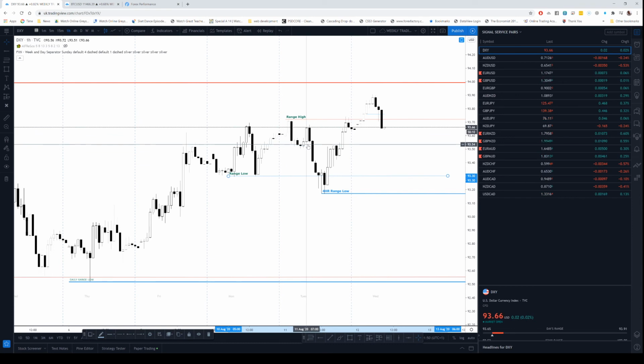So if they want to do that, that's when I send out the short on Aussie and the New Zealand. So if you go back and check, let me check quickly. At exactly 1 o'clock, this candle close.